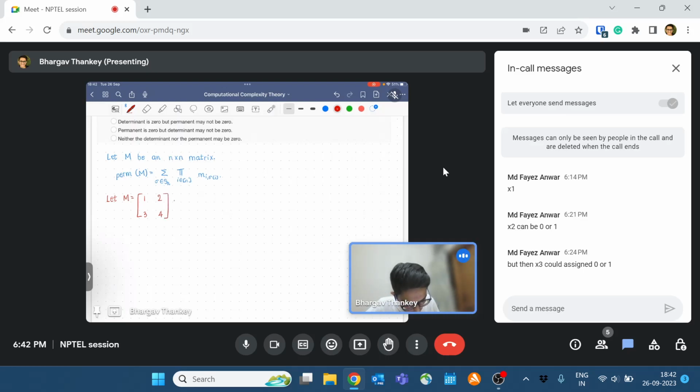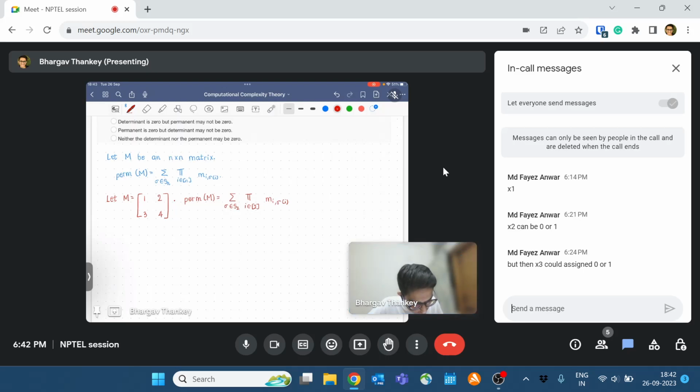Then the permanent of M is the sum over all sigma in S2, product over i in 2 of M i sigma i. Now how many permutations are there on just two elements?